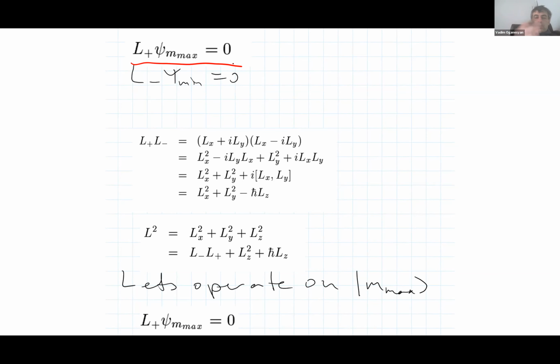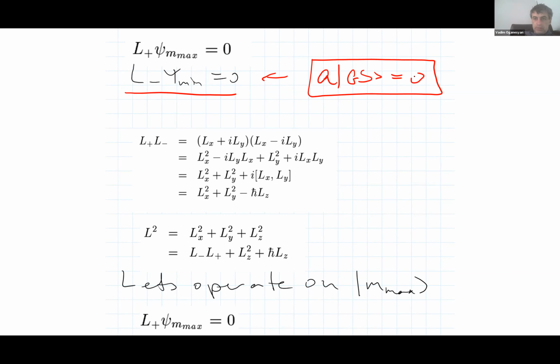So this is analogous to a operating on the ground state of the harmonic oscillator and giving you 0.